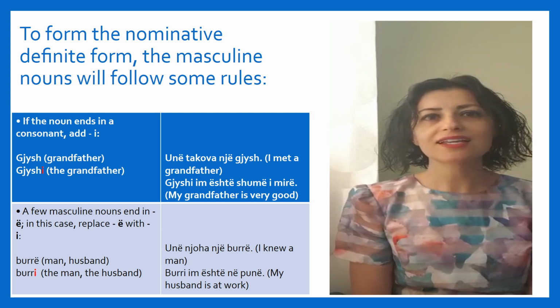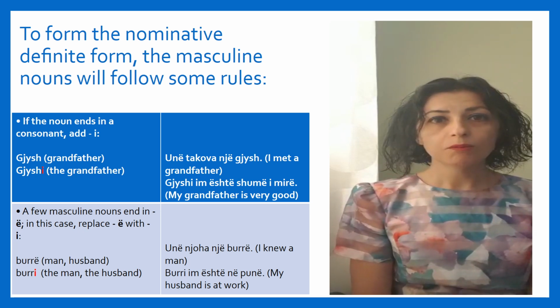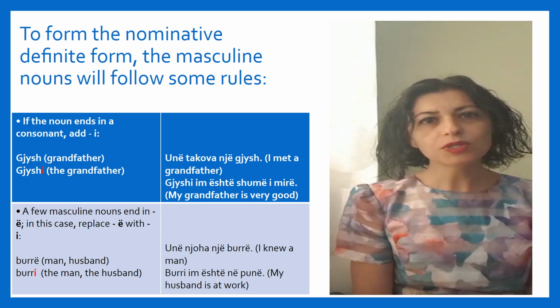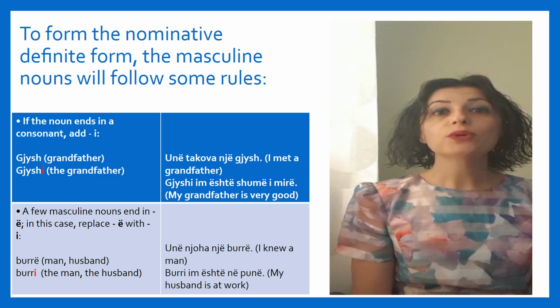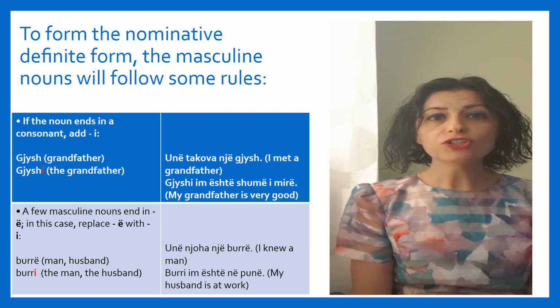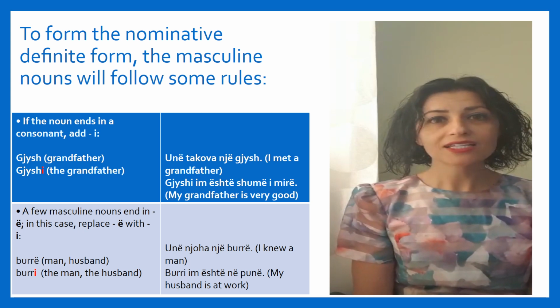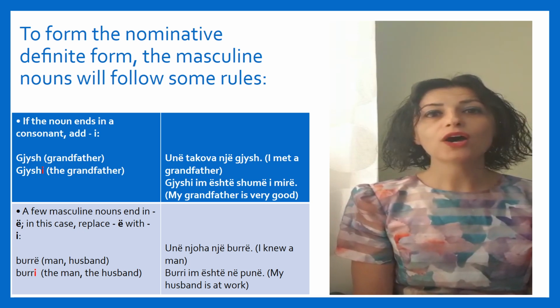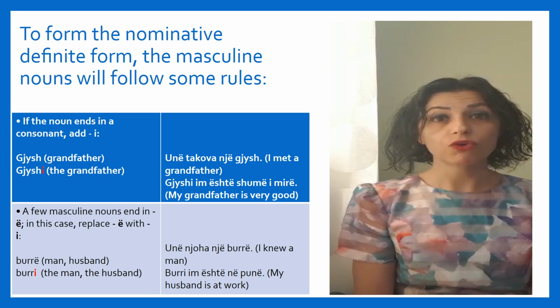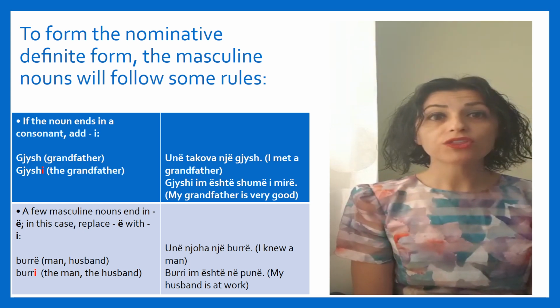In this case, I translated it with husband. But as you know, burrë can be translated with husband or man. So we saw here two rules. The first rule, if the noun ends with a consonant, then you have to add an "i" to make the definite form. If the noun ends with "a", then that "a" will be replaced with "i" in the definite form.